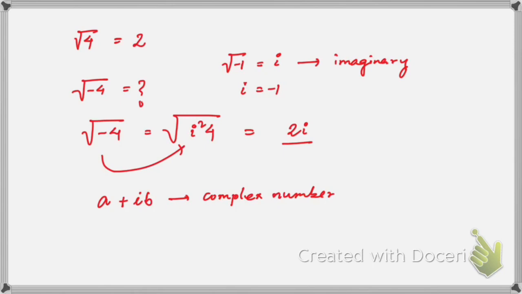Here a and b belong to the real numbers, and a is called the real part. Though individually b is a real number, in this complex number we say it is the imaginary part.